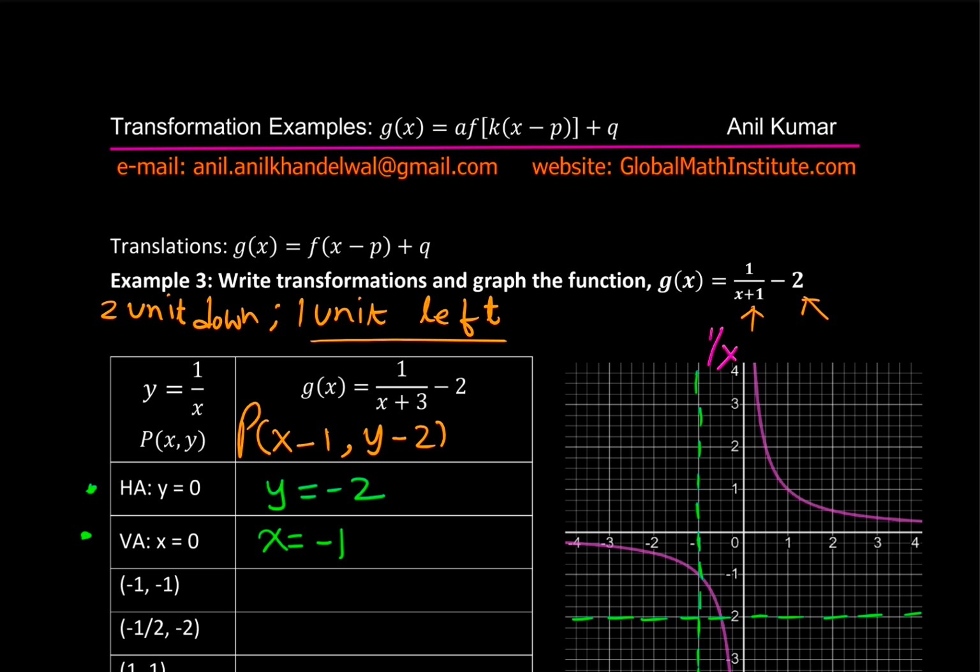Now, let's look into the points. The x values will be reduced by 1. So minus 1 becomes minus 2. The y value will be reduced by 2. So minus 1 becomes minus 3.